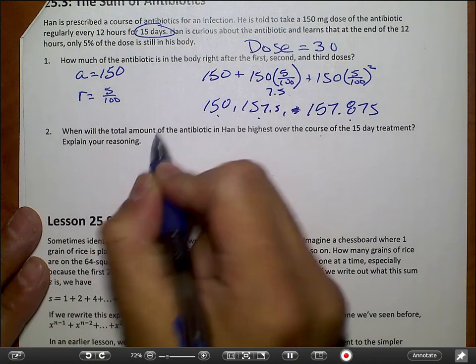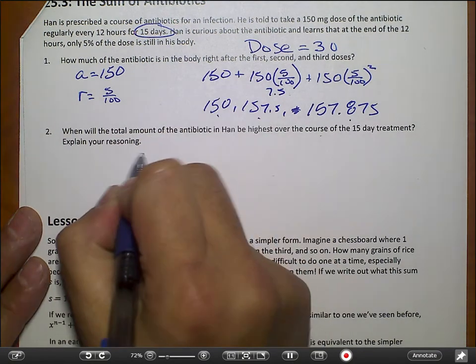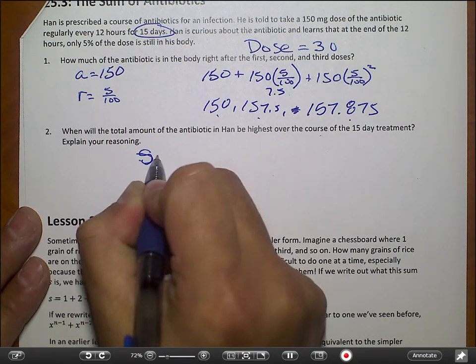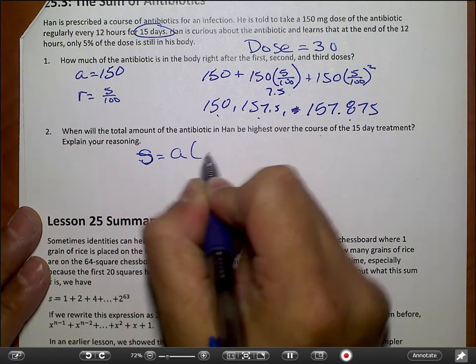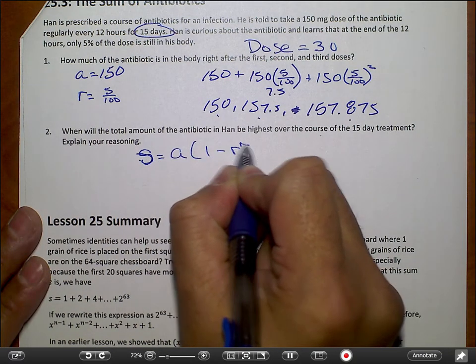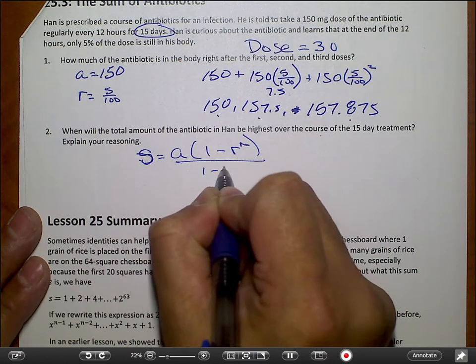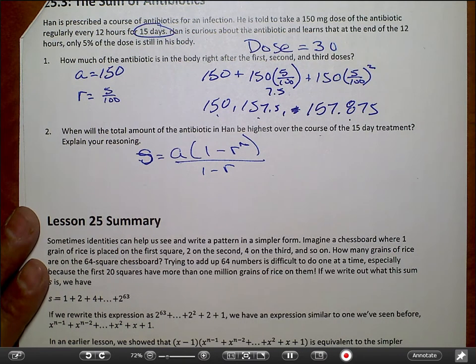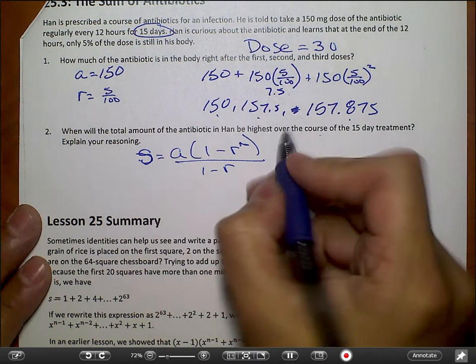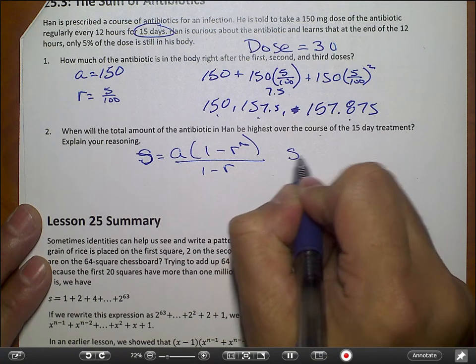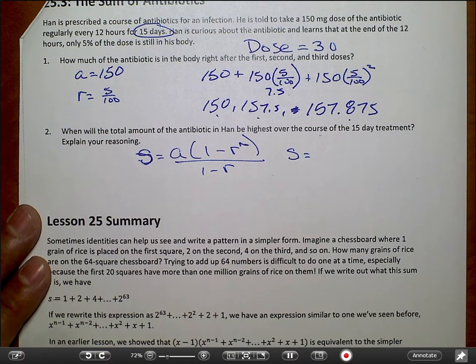So my total, which would be the S, would equal A times 1 minus R to the N over 1 minus R, right?